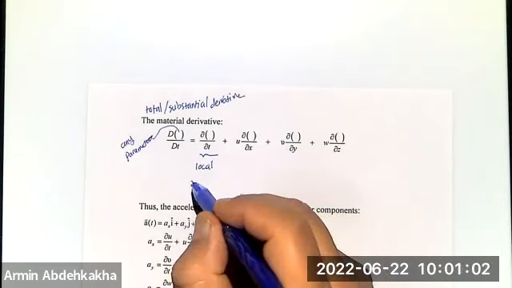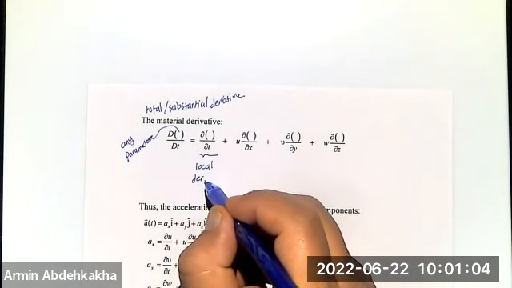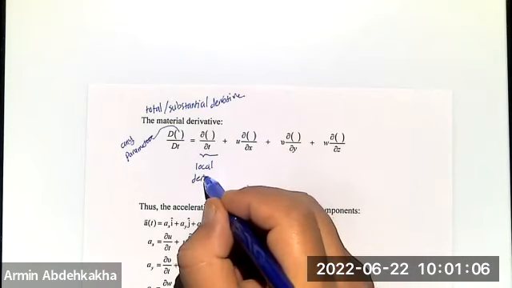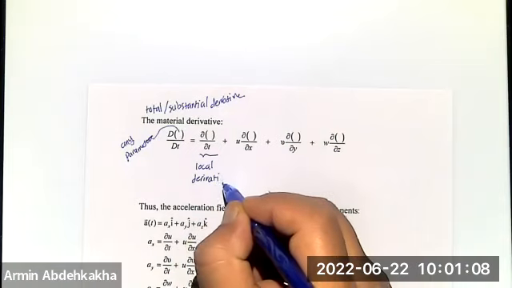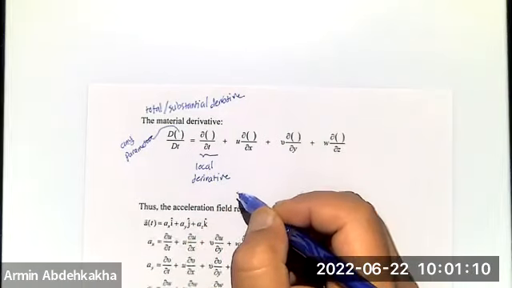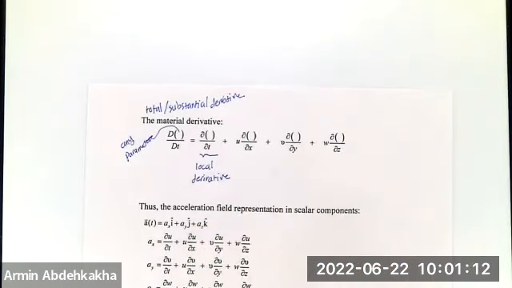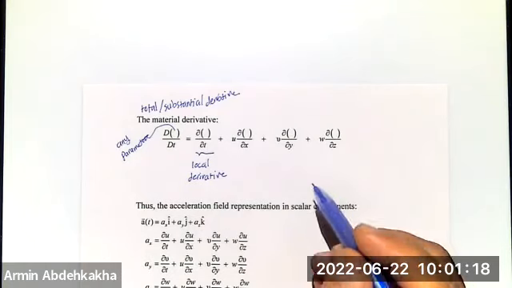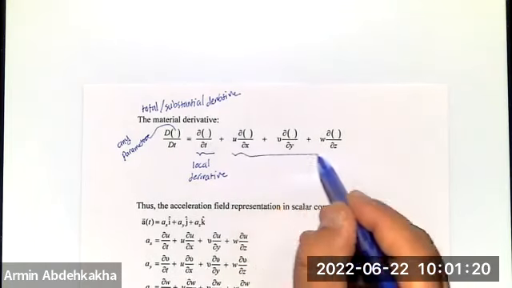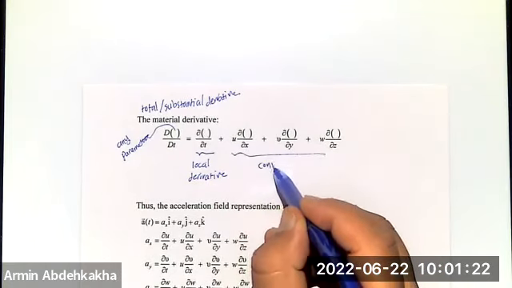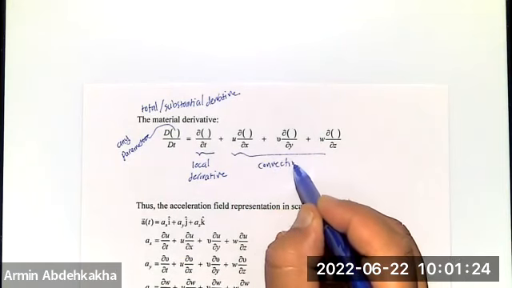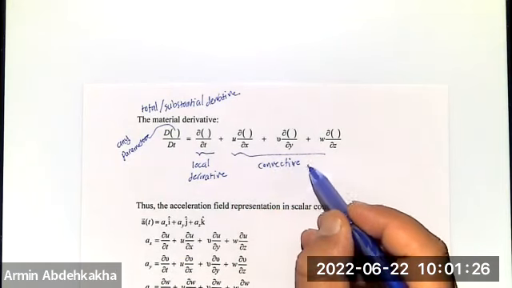But total is local derivative. Local derivative means that it's based on the location, but versus time, right? But these three are known as the convective term or convective derivative.